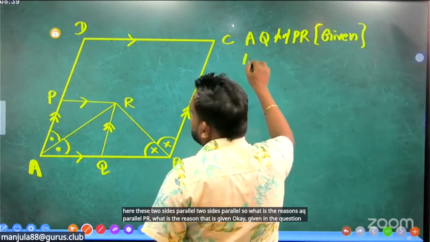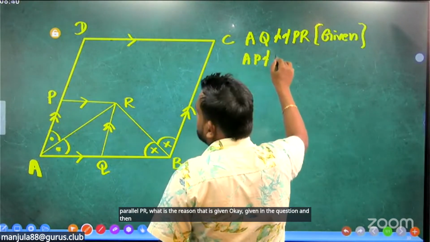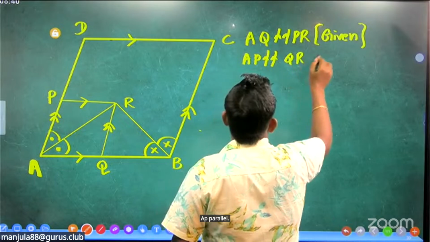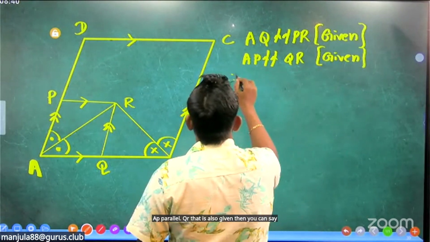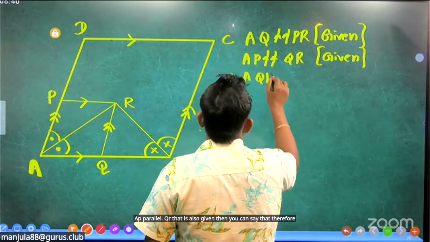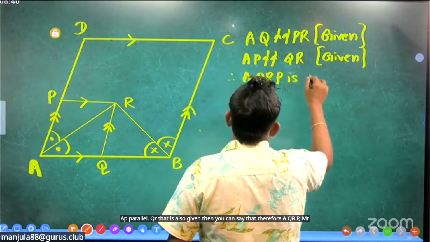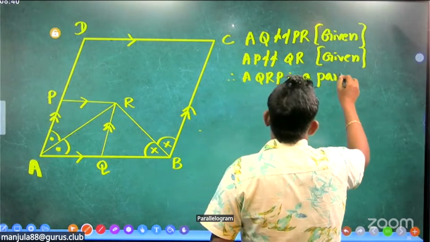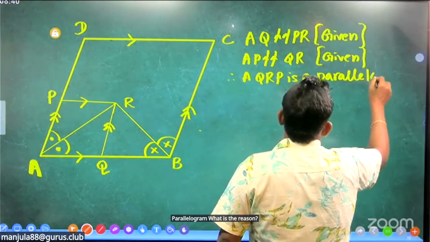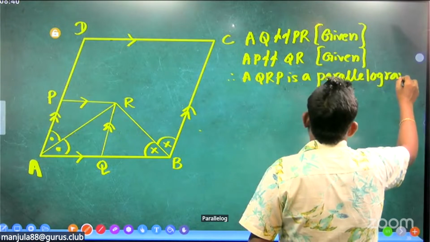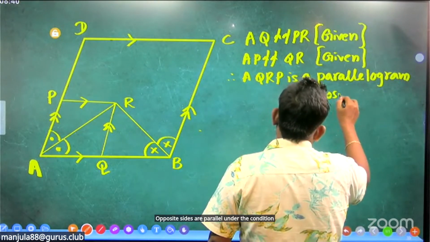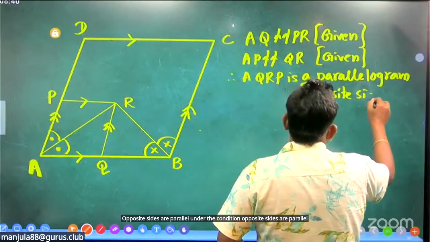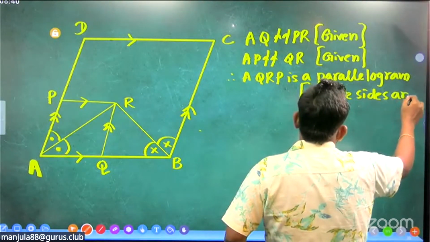And then AP parallel to QR, that is also given. Then you can say that, therefore, AQRP is a parallelogram. What is the reason? In a parallelogram, opposite sides are parallel.